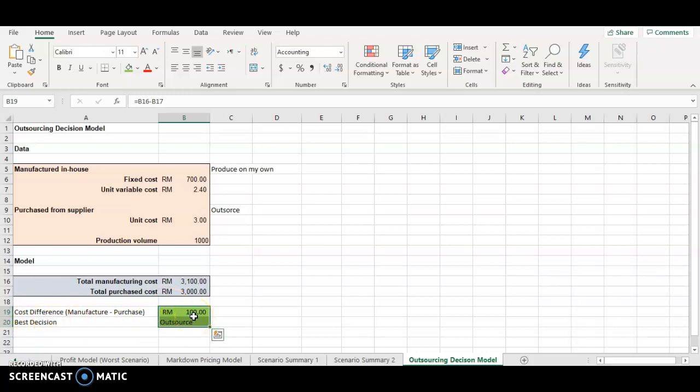If the cost difference is positive, outsource is the best one to choose. And if manufactured is the best one, the cost difference will be a negative value. And now, I can say that I get the positive value, so it means that I need to outsource, where I should buy from my supplier.